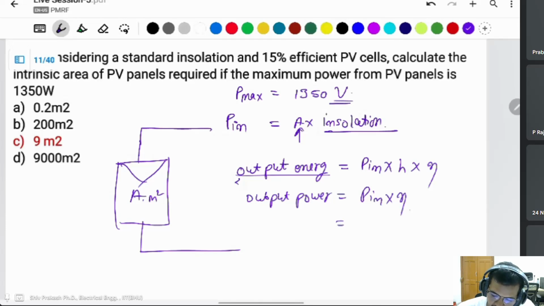Efficiency is given, output power is given, we calculate the P in. Output power is 1350, efficiency is 15%, 0.15. And what is the P in? 9000 watts.